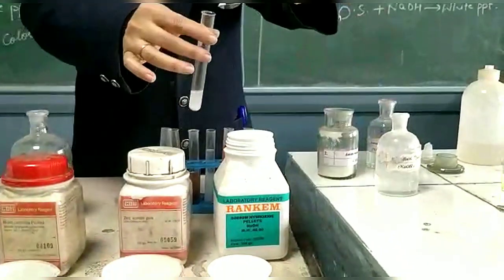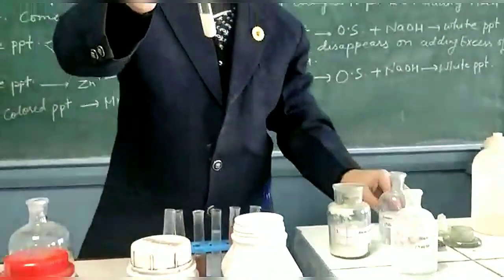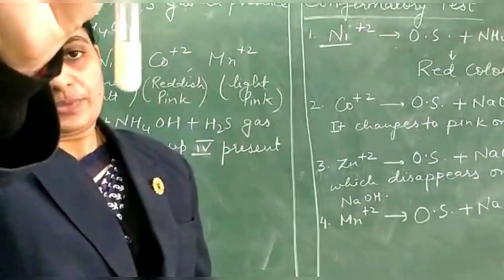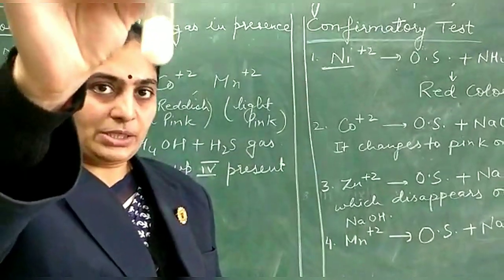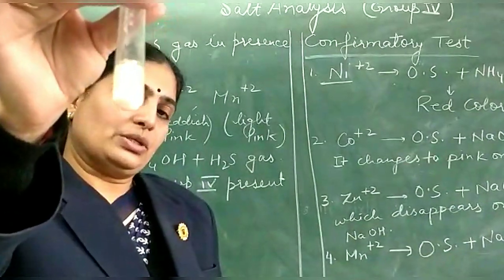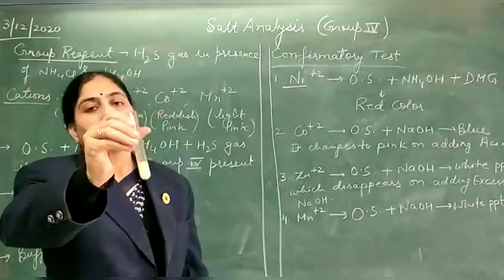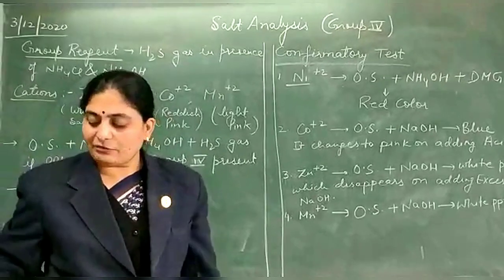So again I'm taking this pellet, and on adding the pellet, we can see the precipitate settles down at the bottom. This is a white precipitate that settles down at the bottom, though buff colored PPT itself is the confirmatory test for manganese ion.